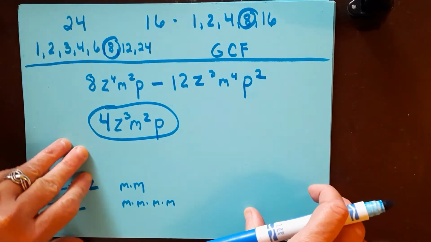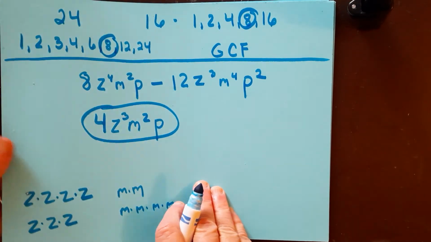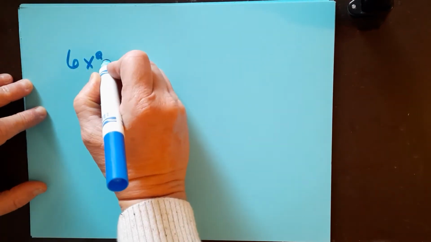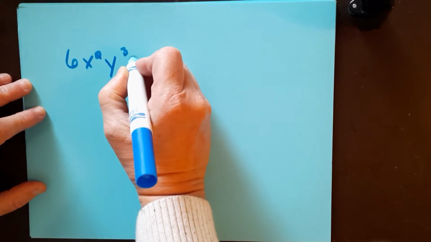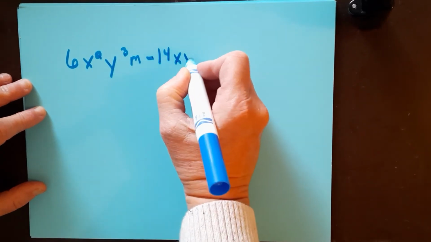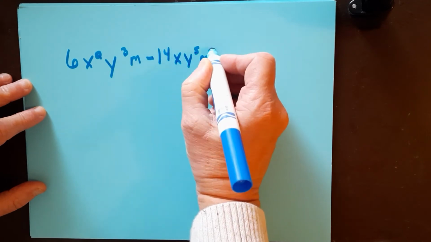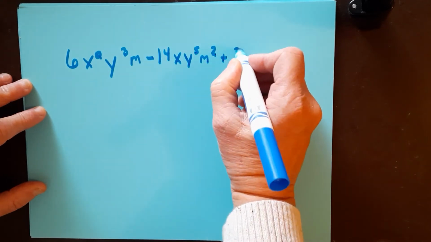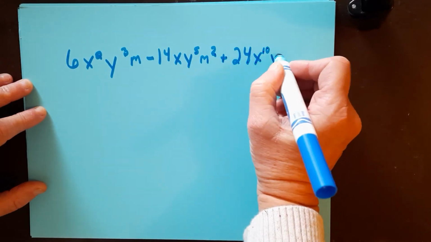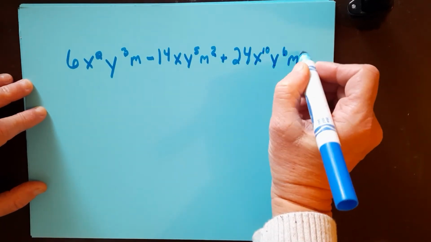Well, we're going to try one more just to make sure that you got it. We're going to try 6x squared y cubed m minus 14x y to the 5th m squared plus 24x to the 10th y to the 6th m to the 4th.